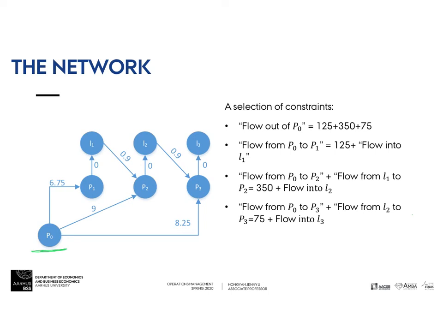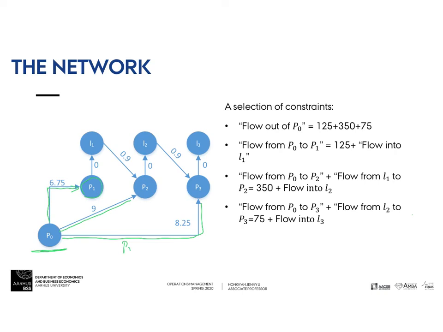So the production in period 1, you get a P1, and the flow quantity is from P0 to P1. For period 2, the production is from P0 to P2. Production for period 3 is from P0 to P3 flow.